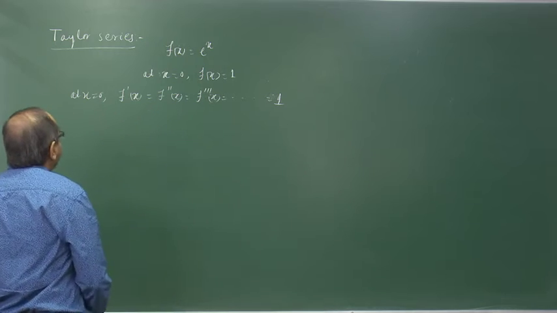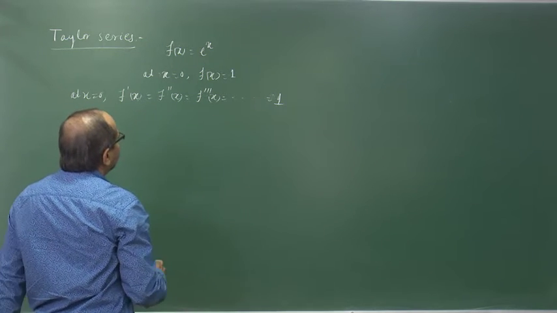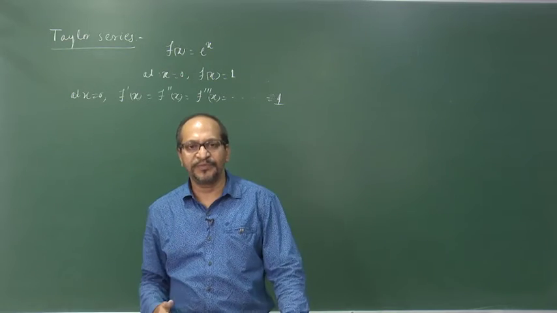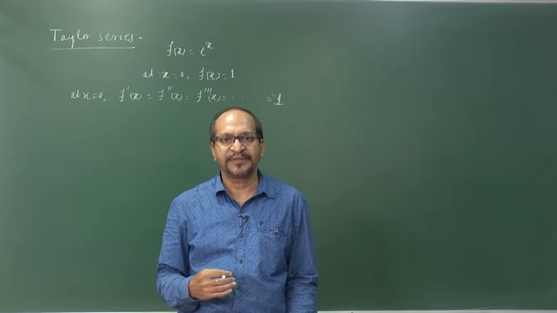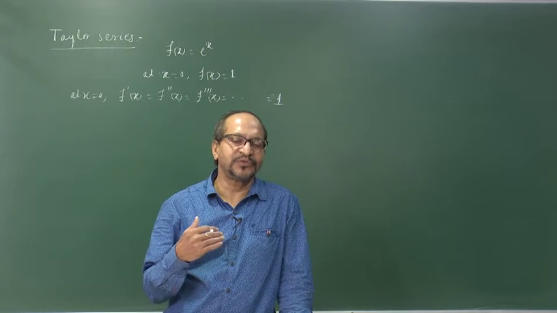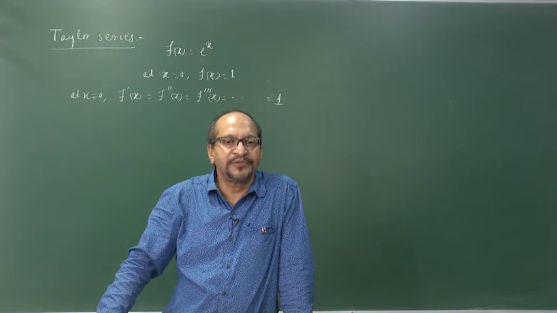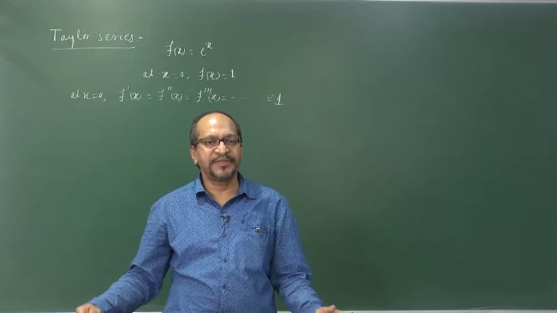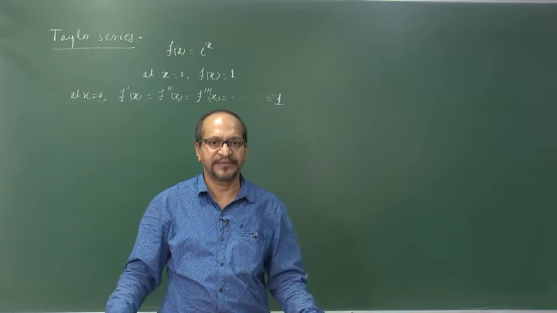Now we have to assume a polynomial function which will be very close to this function e to the power x. And this polynomial function is a sum of an infinite series.